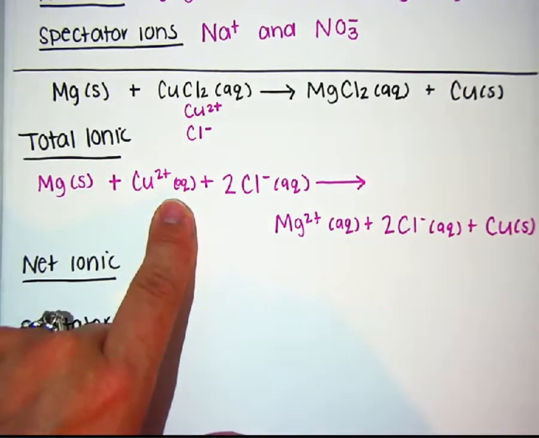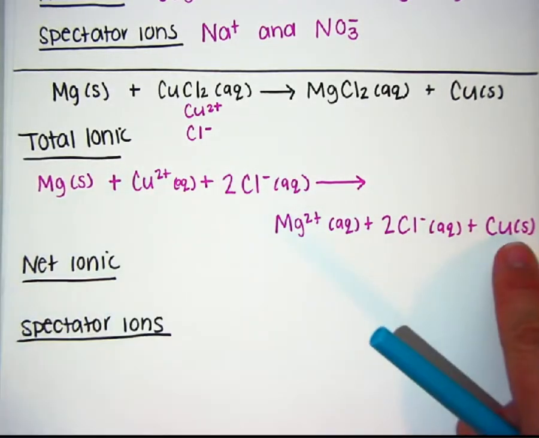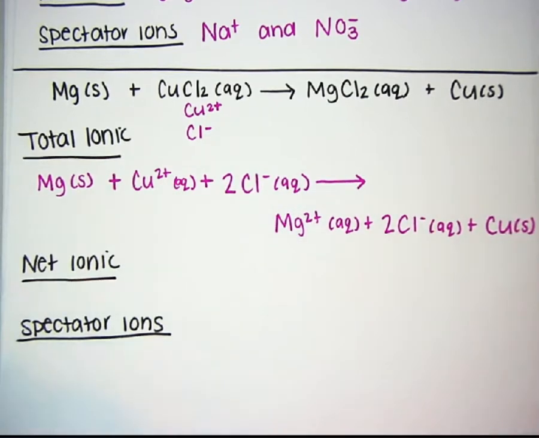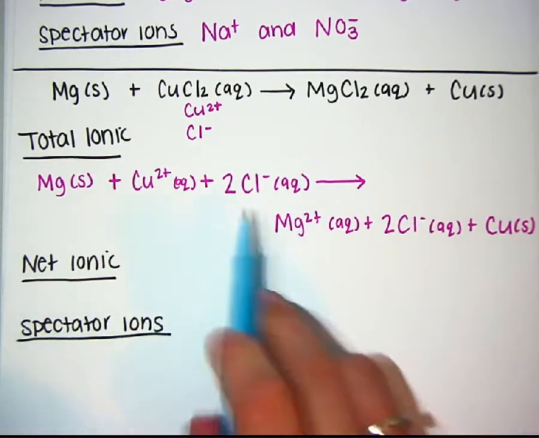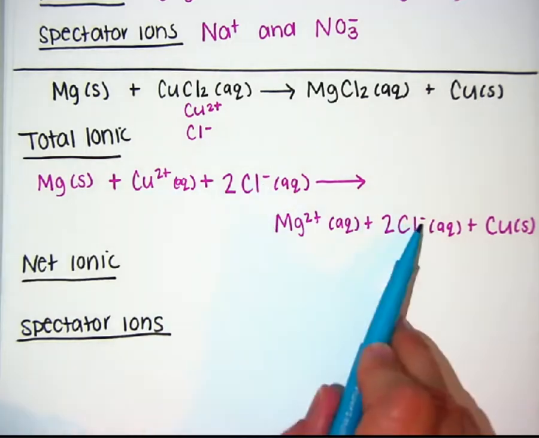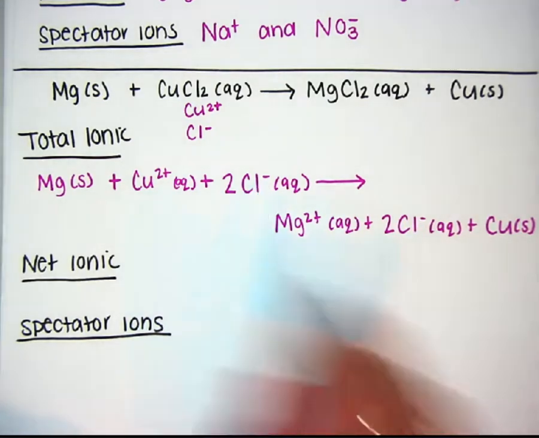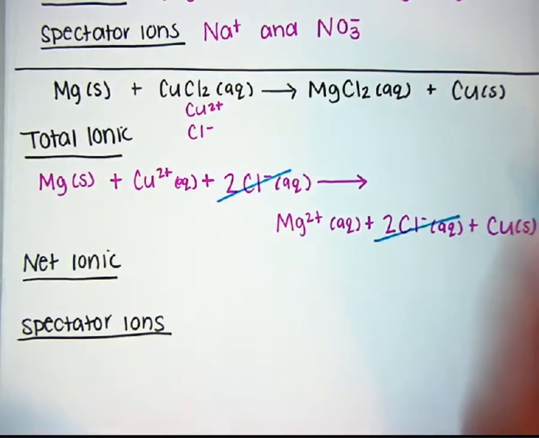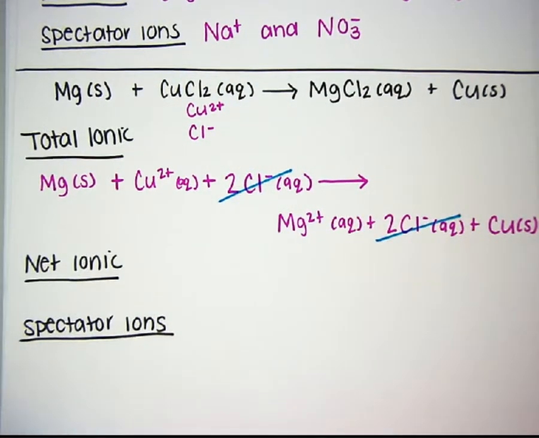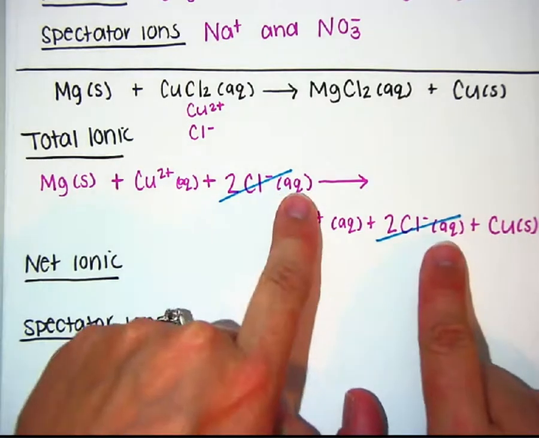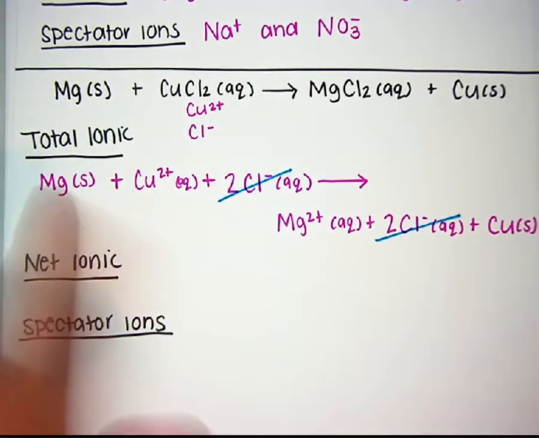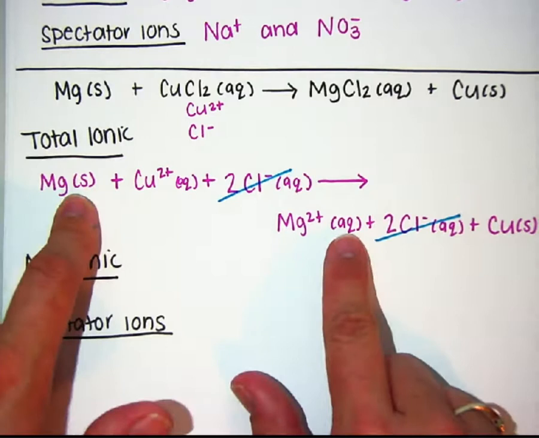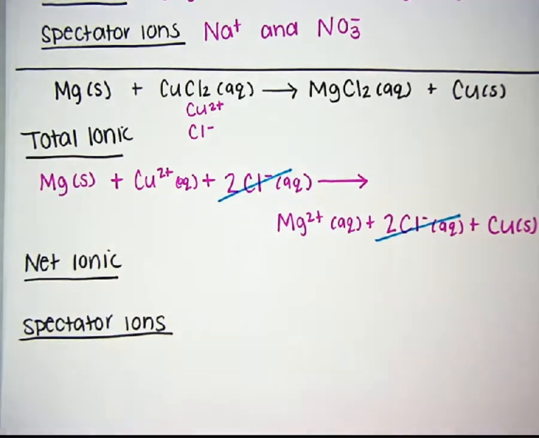It is an ion on the reactant side, but a solid on the product side, so it does not cancel. The only ion that I see on both the reactant and the product side is chloride. You can only cancel them out if they are aqueous ions. You cannot cancel out a solid and an ion. Only cancel them out if they're the same.